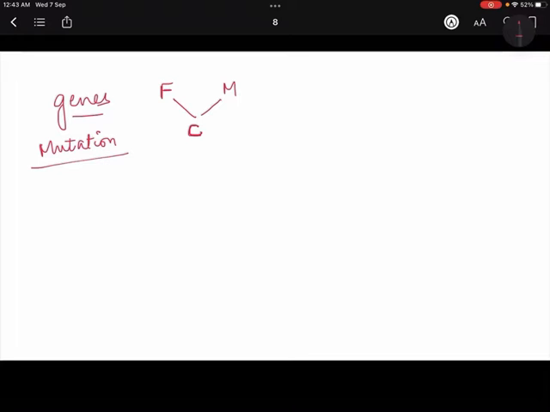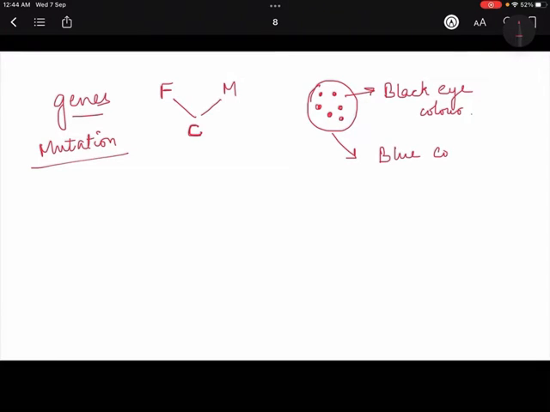For example, say there is a population in which most people have black eye color. Let's assume that black eye color is the dominant color here. But due to some mutation, blue eye color now emerges in the population, and over a period of time it dominates also.